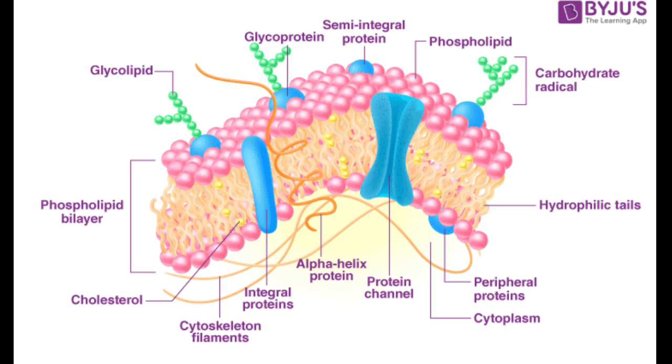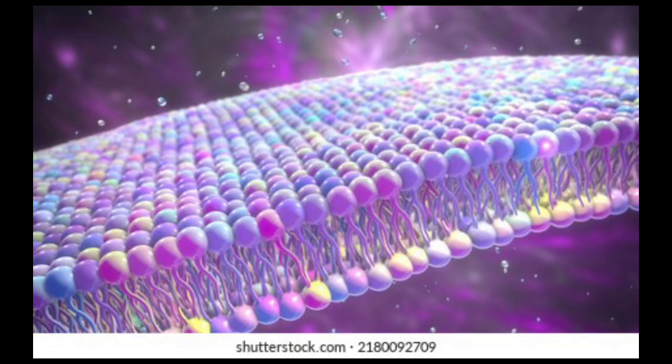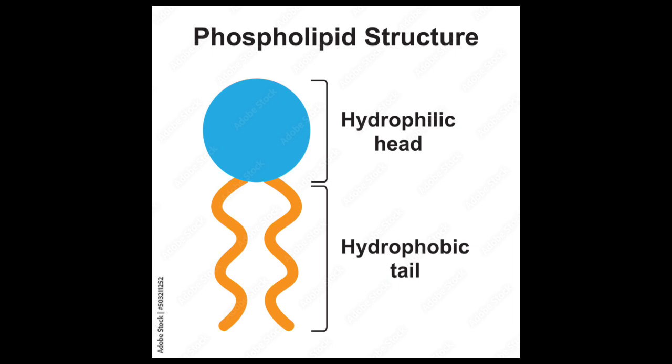Now we will look at the components of the cell membrane. The first component is the phospholipid bilayer. It is a structure of two layers of phospholipids arranged tail to tail, forming a bilayer. Each phospholipid has a hydrophilic head and hydrophobic tails.